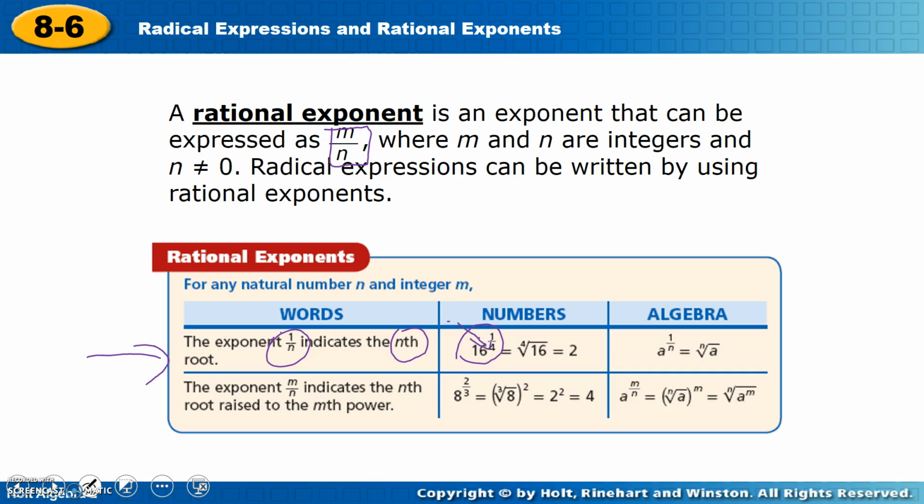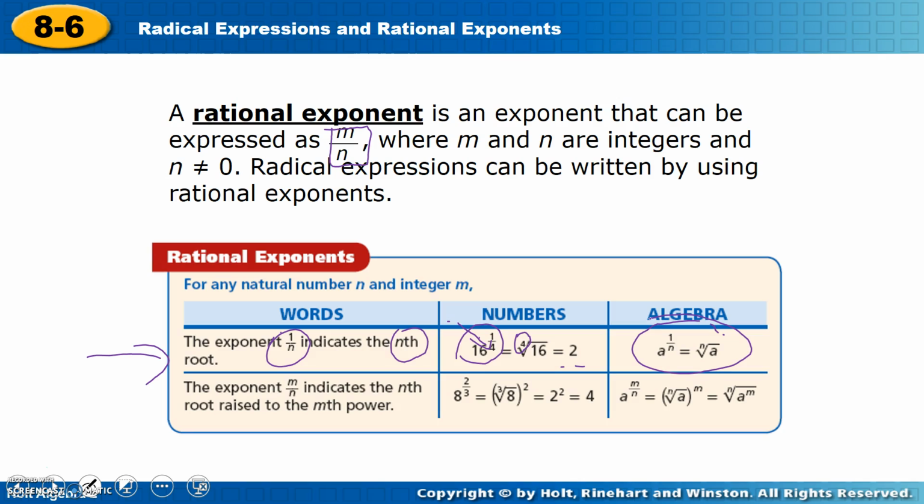And so when we write it as a radical, the 4 is on the outside as the index. And remember, we don't write the square, but we do write all of the other ones above the square root. And then we would evaluate, we would say the 4th root of 16 equals 2. So right here is what you will look at.